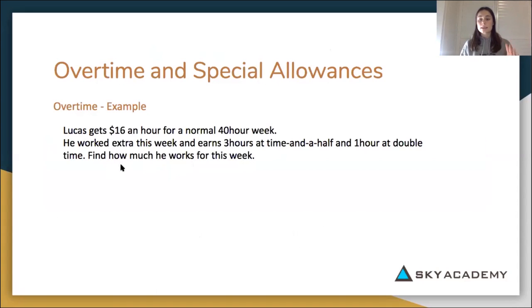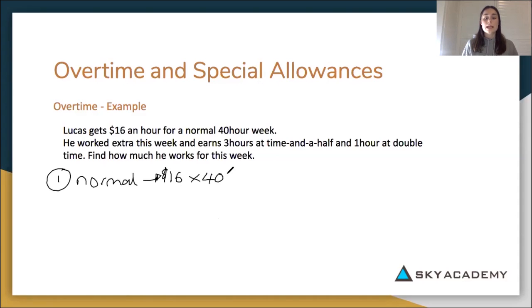My first step is calculating the normal income he will get for that week. Normal income is $16 an hour times 40 hours. If you put that into your calculator, you should get an answer of $640.